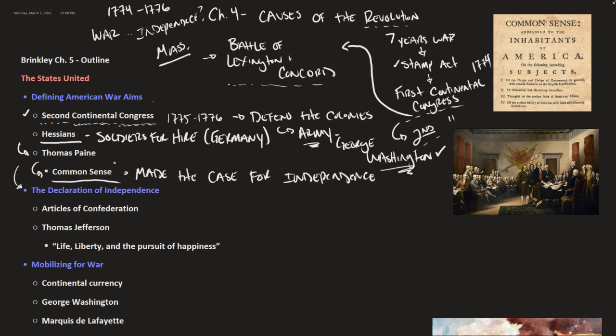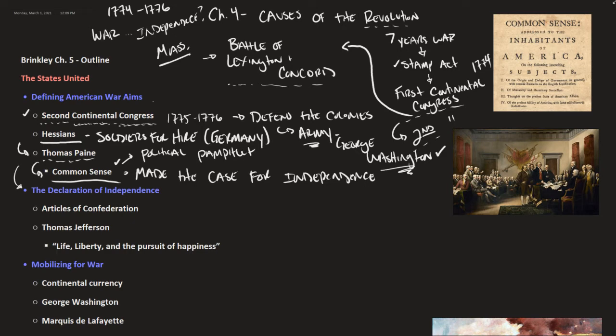It was mostly because of Common Sense, which was a political pamphlet. And again, Thomas Paine is the author of it. A political pamphlet that made the case for independence. It was the most widely read document in the colonies prior to the eve of the American Revolution, and was incredibly powerful in persuading the colonies to go through with it, to break away.